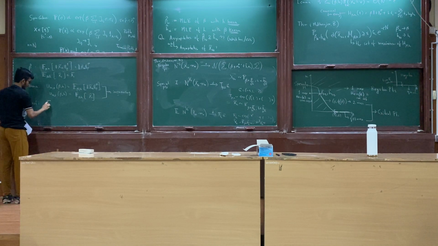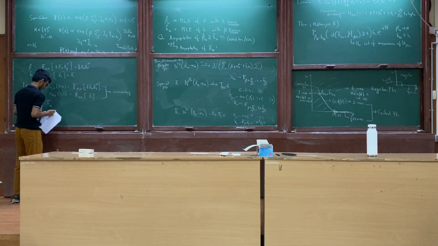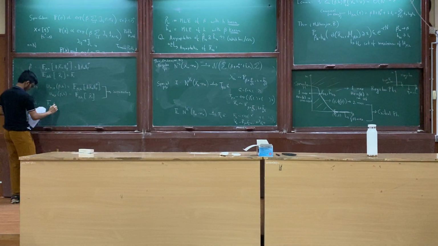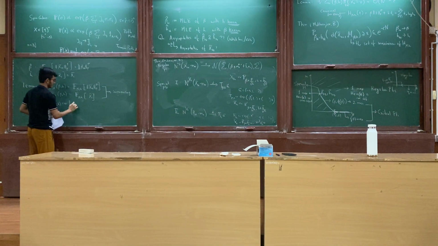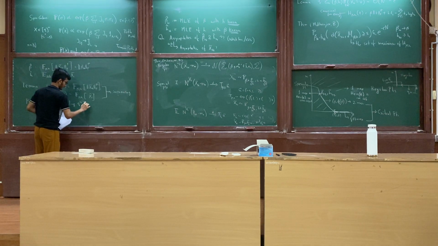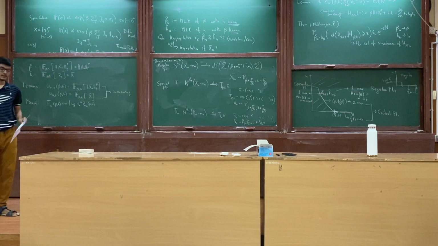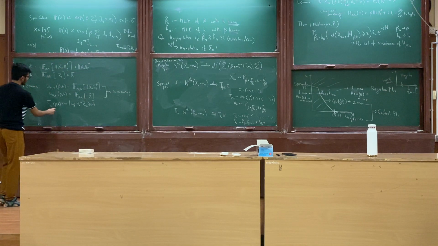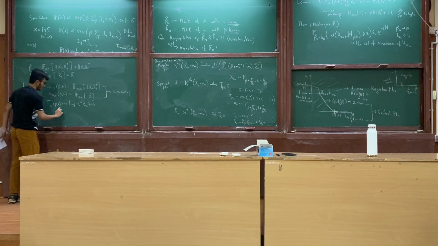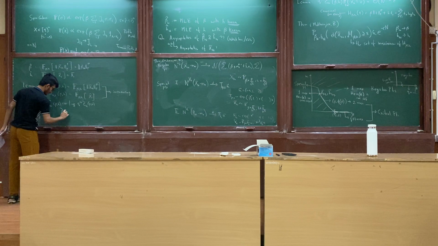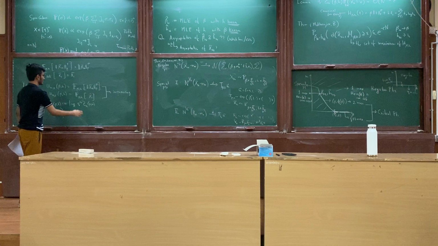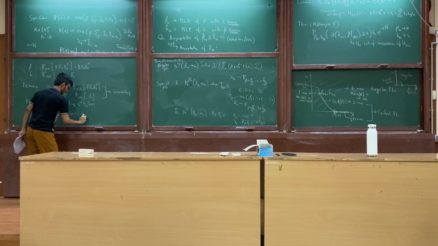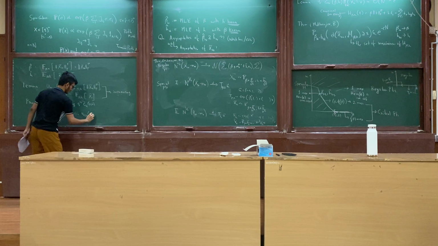So write this function f_n. This f_n is also known as the log partition function, which is nothing but taking the log of the partition function. Now again it follows from the properties of the exponential family that if you take the derivative of this function with respect to beta, this will come out to be U_n of beta.